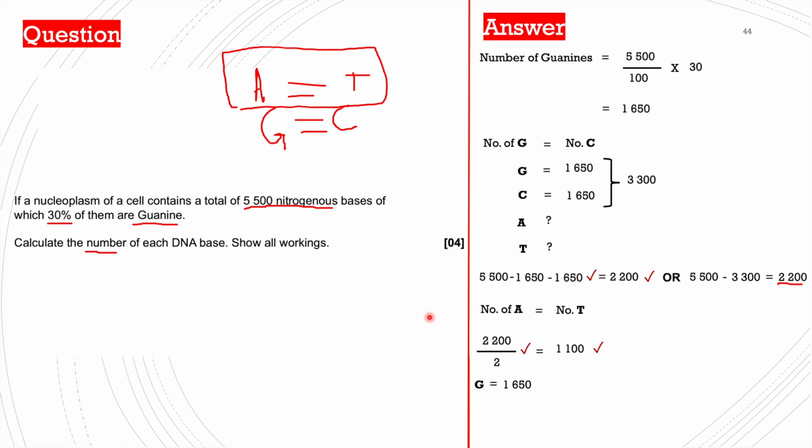So the final answer is G equals 1,650 and C equals 1,650. A is 1,100 and T is 1,100. Okay, that's where our final mark is. This final 2 marks, this is our compulsory answer, because remember, we needed to calculate the number of each nitrogenous base.